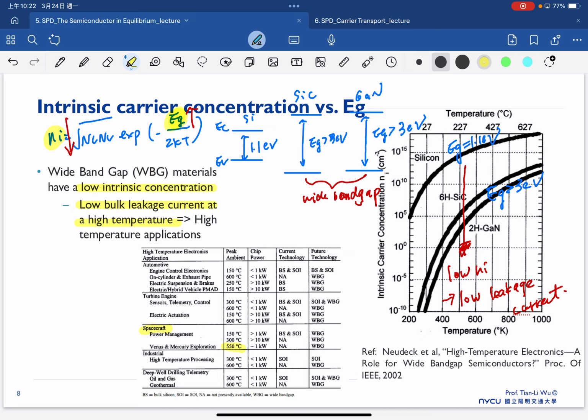So in the case of exploration, we need a semiconductor that can sustain high temperature. In this case, we need a semiconductor with low leakage current at a high temperature. That's why we need to start to think about the wide bandgap semiconductor.